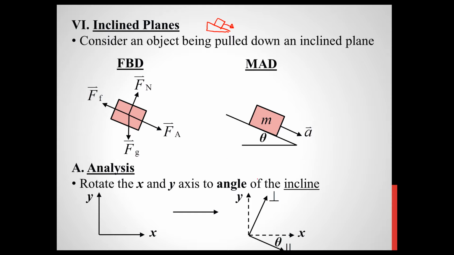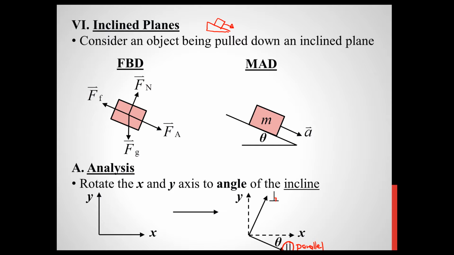On the picture here, I showed that the dashed line represents the standard y and x axis. What you want to do is take the axis and rotate it so that the x-axis is lined up with the angle of the incline, like it lines up with the direction the incline points. This double line right here means an axis that is parallel to the inclined plane.